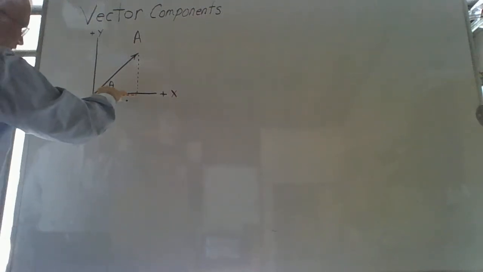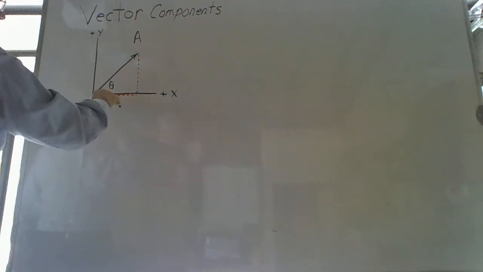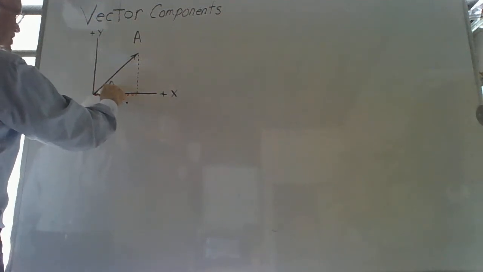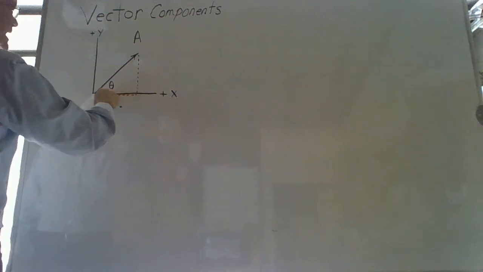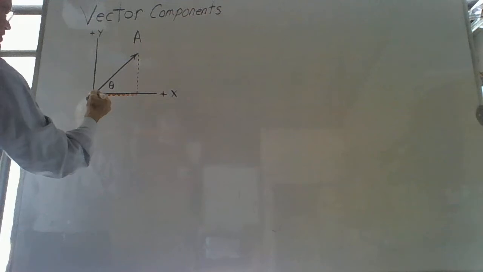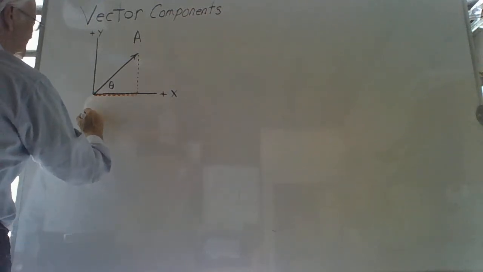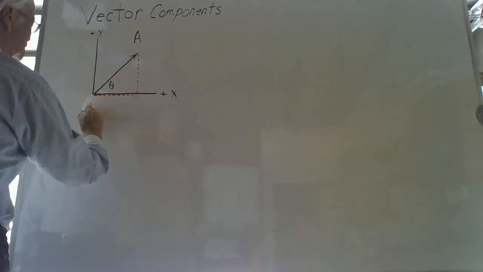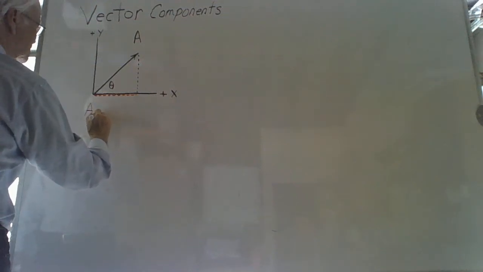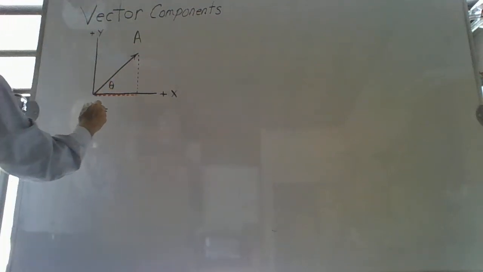Now, the width of that base can be found using SOHCAHTOA. That base is the side that's adjacent to the angle theta, and therefore it's the cosine trig function that's operational. And so we can indicate that the x component, which we'll symbolize with a subscript x, is equal to the hypotenuse times the cosine of theta.